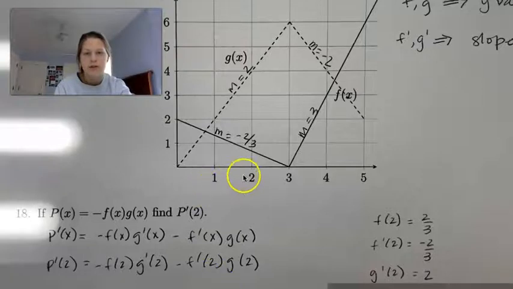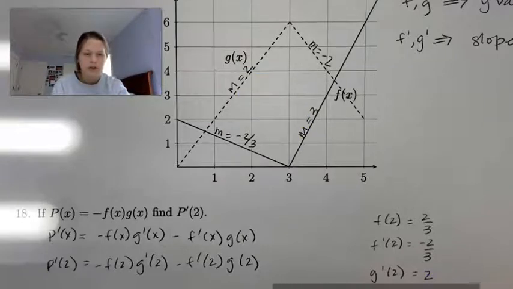So that's the y value at 2. f prime of 2 is equal to negative 2/3 because that's the slope here. g prime of 2 is equal to 2 because on the g of x line segment, the slope is 2.